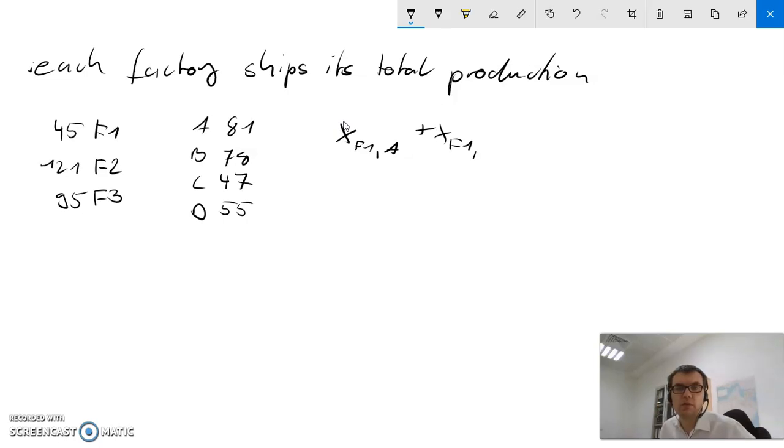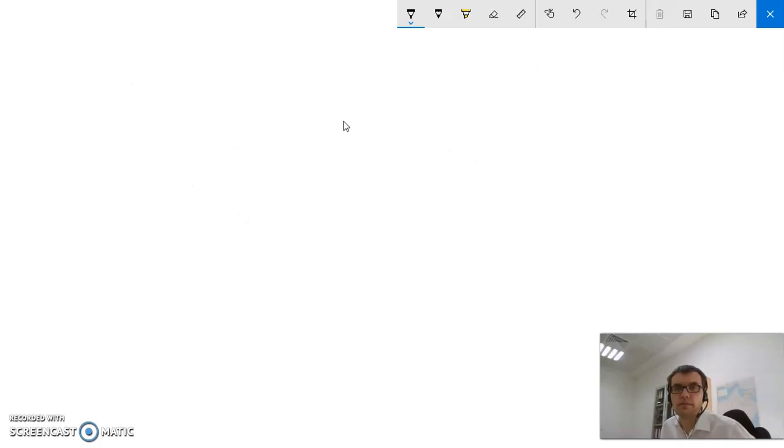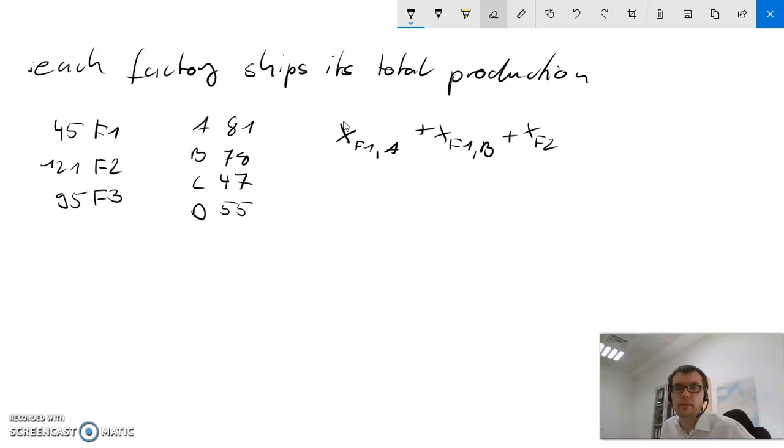The decision variable for the delivery from F1 to A plus F1 to B plus F1 to C plus F1 to D, and this is everything that is going out of factory F1 towards the customers, and this needs to be equal to 45 because 45 cases are produced in factory F1 and everything needs to go outside of this factory.